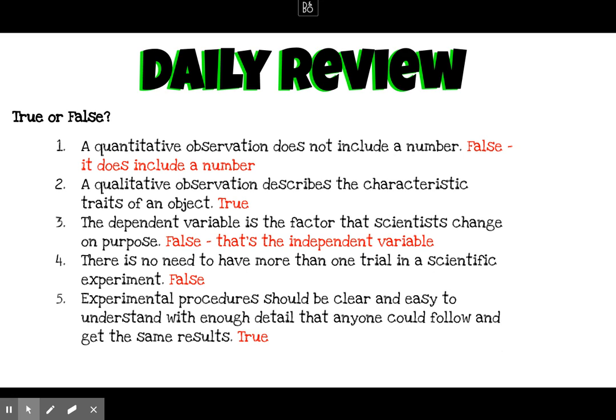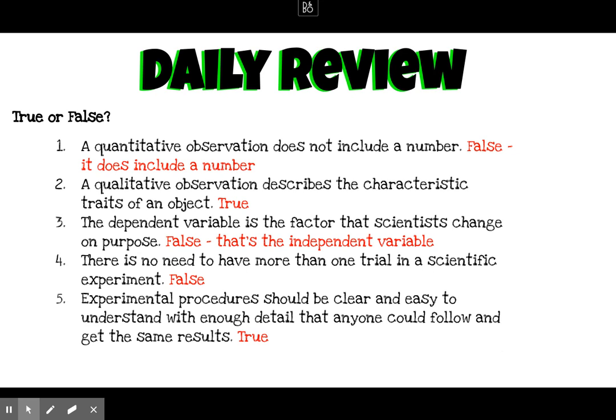So number 1, a quantitative observation does not include a number. That statement is false. Quantitative observations do include numbers. Number 2, a qualitative observation describes the characteristic traits of an object. That statement is true.